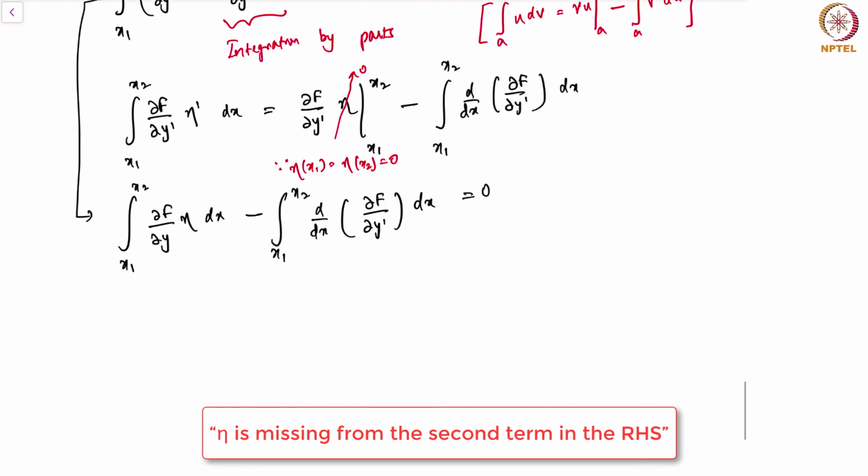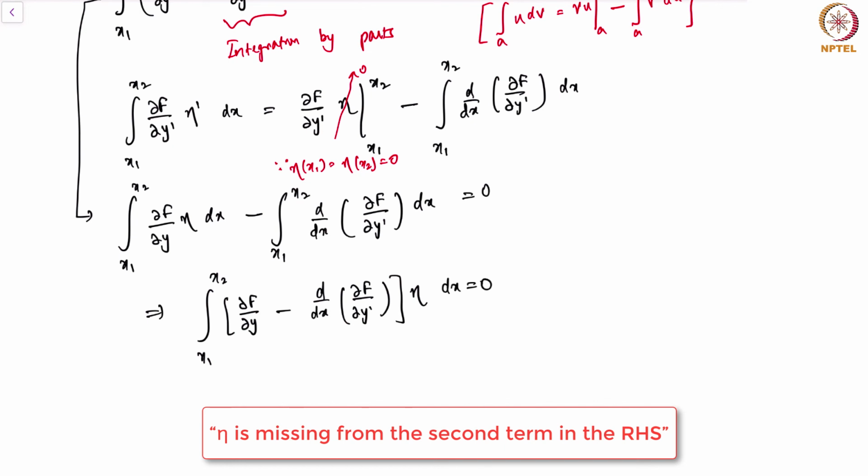We can combine both into one single integral: the integral from x1 to x2 of (∂f/∂y minus d/dx ∂f/∂y′) η dx is 0. This is also called the strong form.